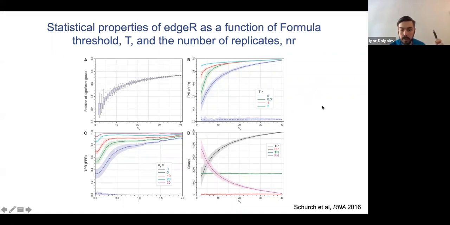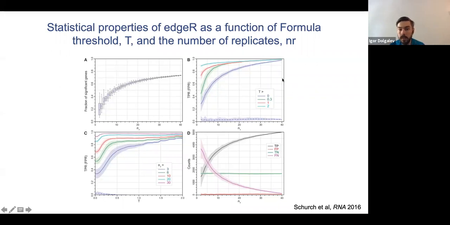For example, in this first plot, you can see the fraction of significant genes as you increase the number of replicates from 2 to 40, which is quite high. You can see that the fraction of significant genes really stabilizes.